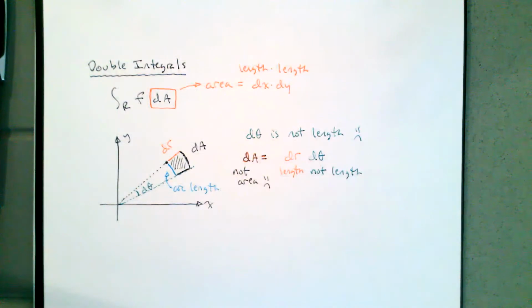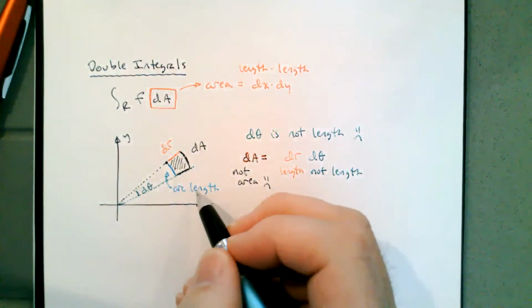We're just going to use the arc length as one side of this little square, and then we'll use dr as the other side of this square. I know it's not a square because those d theta sides are curvy, but if we make it small enough, it'll be very close to a square, and that's what we need. It's going to be infinitely small pretty soon.